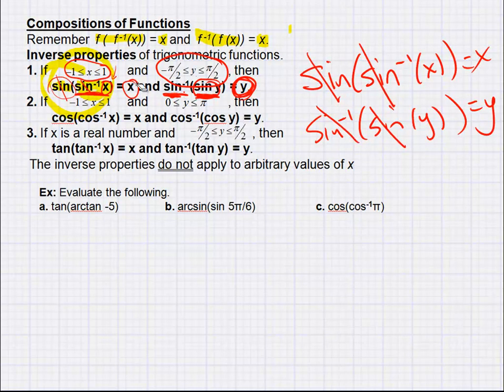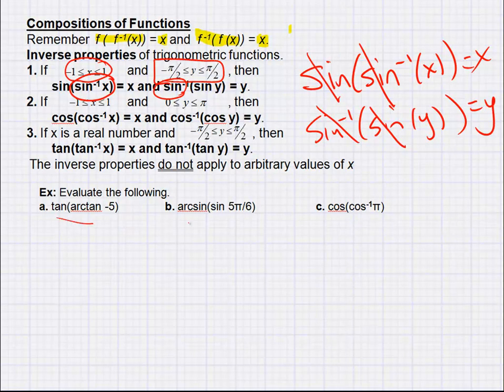If your inverse is on the inside, you have to think about the domain for that inverse. If my inverse is on the outside, I have to think about the range for that inverse. As long as I follow those things, the domain for the inside or the range for the outside, then I can simply cancel.